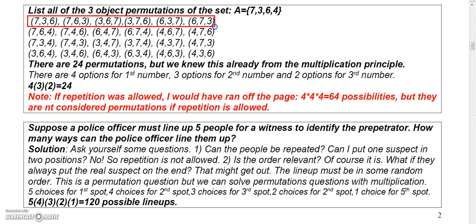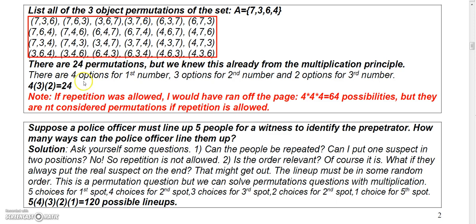So there's 6 there. In the second row, I chose 7, 6, 4, and all the ways I could arrange those, 6 ways. The next was 7, 3, 4, and all the ways to arrange them. Finally 3, 6, 4, and all the ways to arrange them. I have 4 rows of 6 sets. So 4 times 6 is 24.